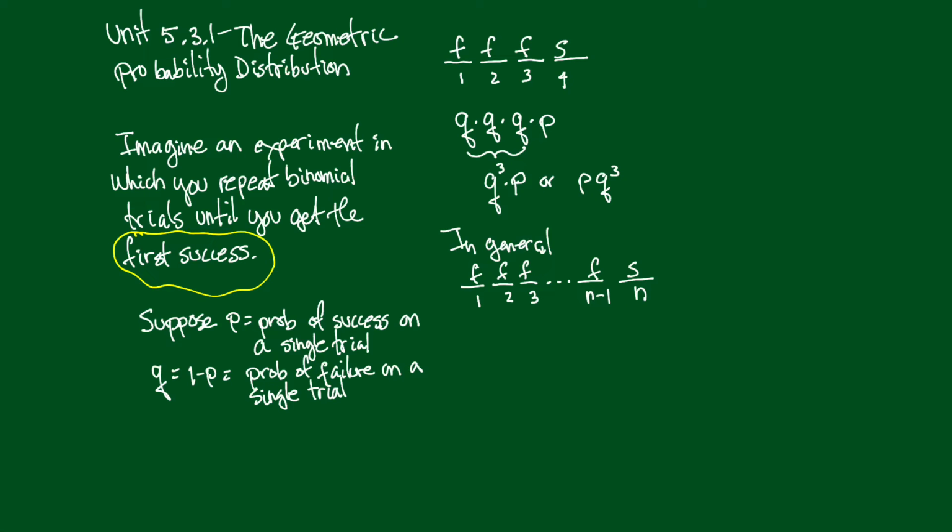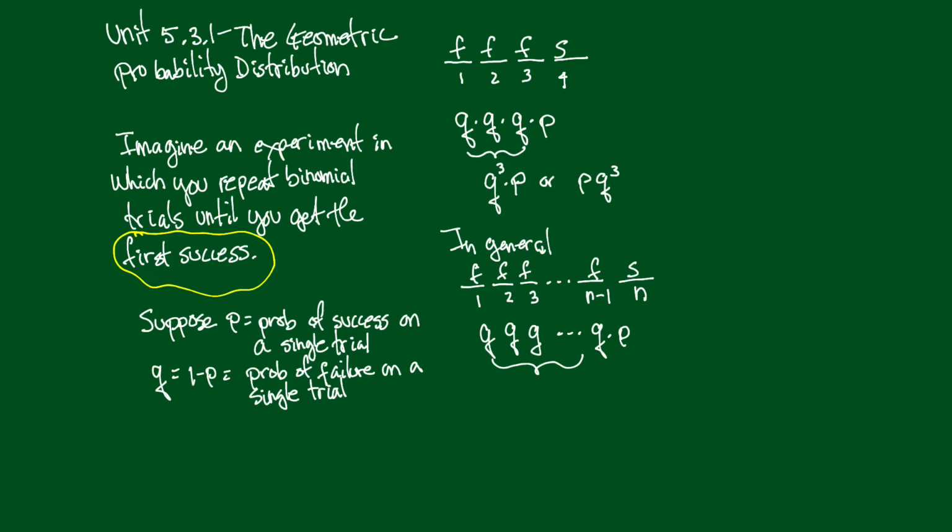So our probability is going to be, what do we get here? We're going to get a q, a q, a q, dot, dot, dot, a q, and then a p. So how many of these do we have? Well, we're going to have 1, 2, 3, 4, 5, dot, dot, dot, n minus 1, and then finally an n.